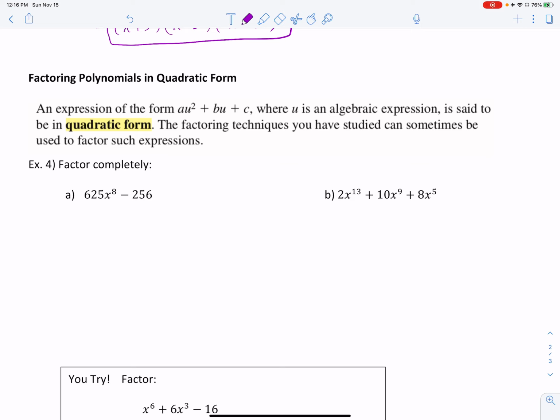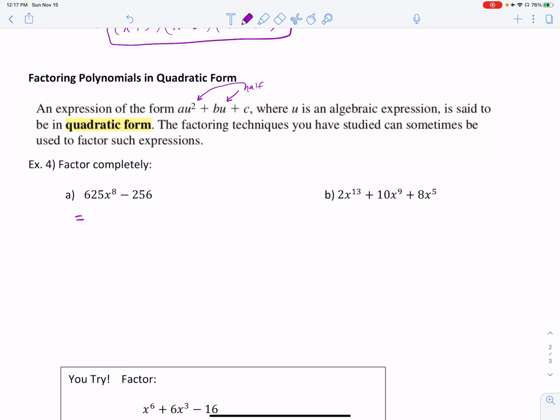All right, and then factoring polynomials in quadratic form. It has where u is an algebraic expression, and it has to do with when this exponent on u is half of the exponent on that in the first term.